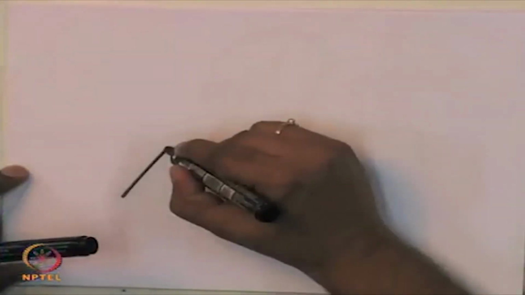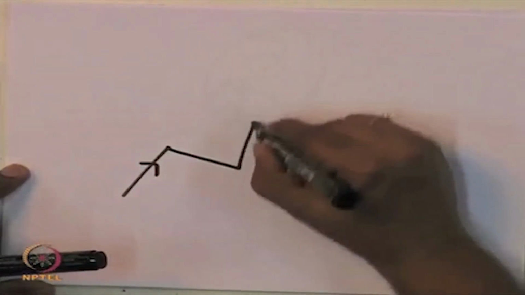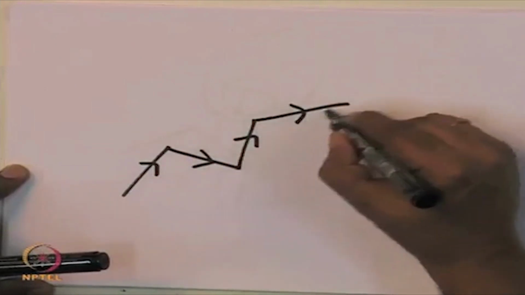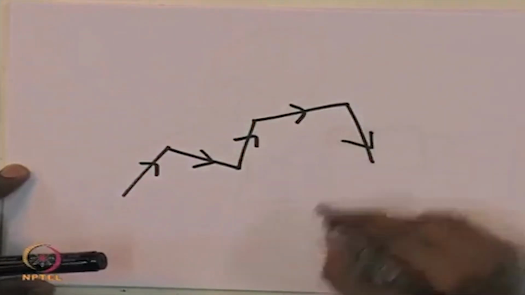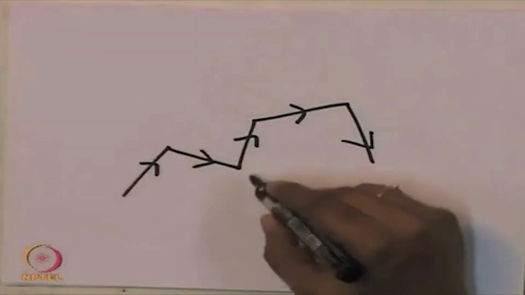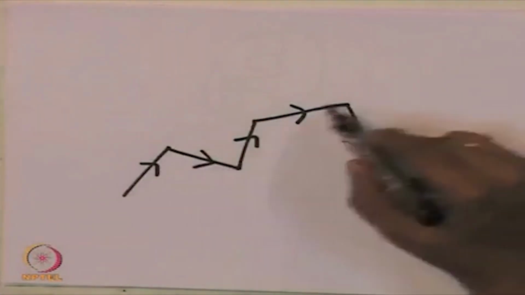This is the first monomer, second monomer, third monomer, fourth monomer, fifth monomer. So, let us imagine 5 monomers. They are all oriented in some particular direction.